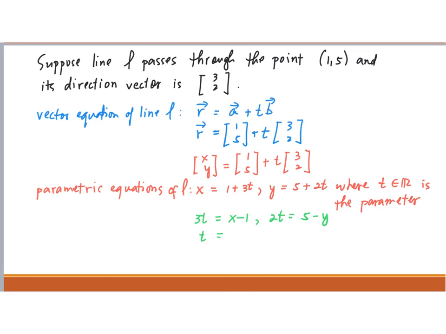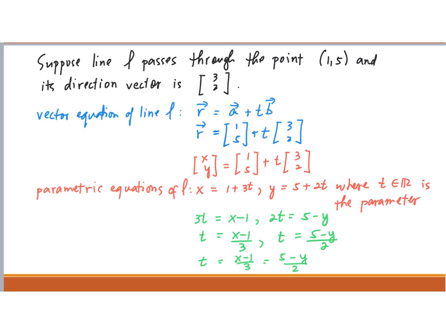So t here is equal to (x minus 1) over 3, and t here is (5 minus y) over 2. And combining the two equations, t is equal to (x minus 1) over 3 equals (5 minus y) over 2.